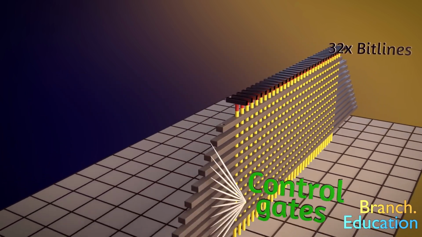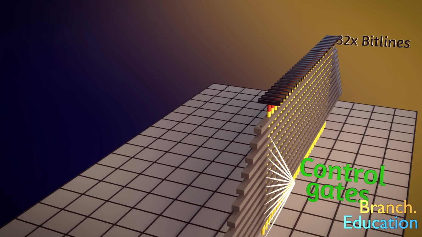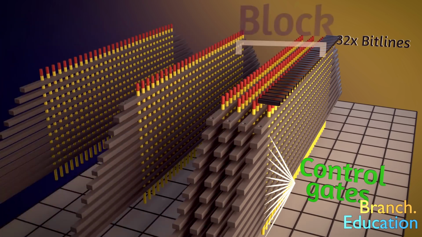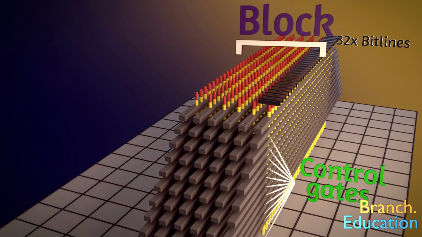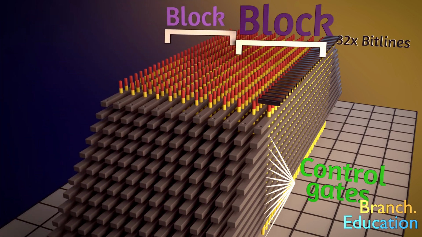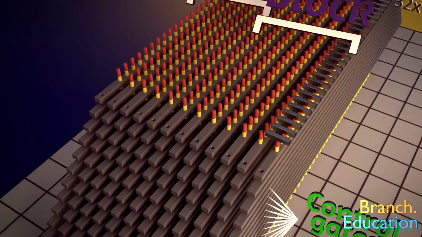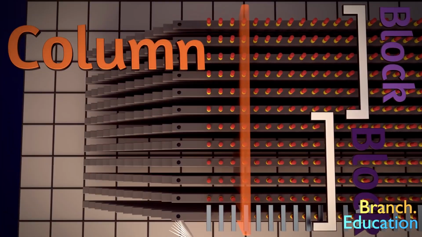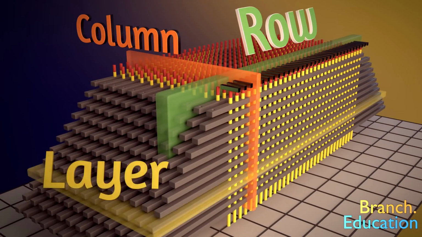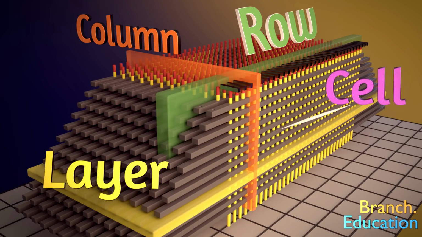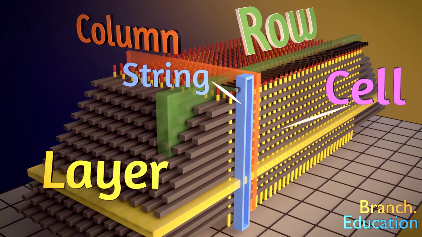Let's step up in complexity again. Next, we duplicate these rows 6 times until we get a block. But we're going to do it 12 times so we can see 2 blocks. Okay, so again, here we have a column, here's a row, and this is a layer. And now here's a cell, and here's a string.